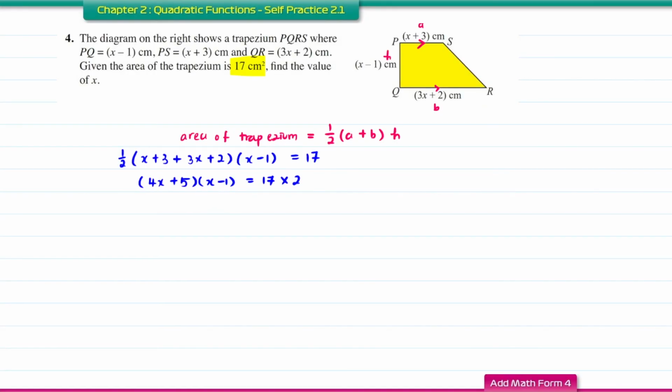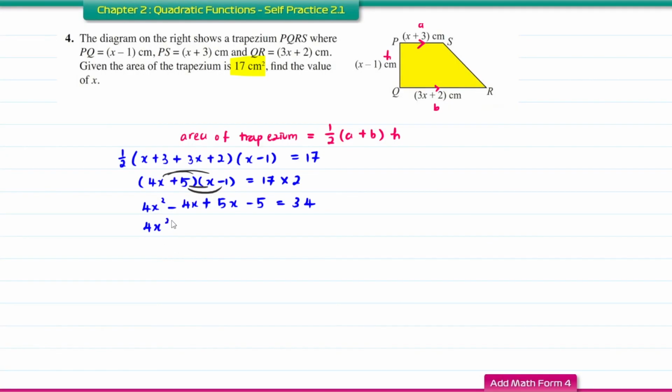So here we're going to do the expansion. You're going to have 4x squared minus 4x plus 5x minus 5 equal to 34. So this is a quadratic equation, so we are going to write it in general form. We're going to move everything to the left and solve for the like terms.